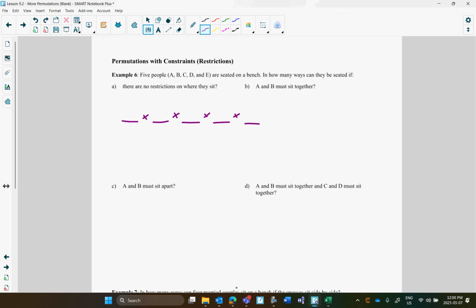How many people can I choose from here? 5, then 4, then 3, then 2, then 1. So remember, you could write it out like that, not every question works out nicely like this. If you put 5 factorial, that's still right. If you didn't write out the long way, that's fine. So this is 120.